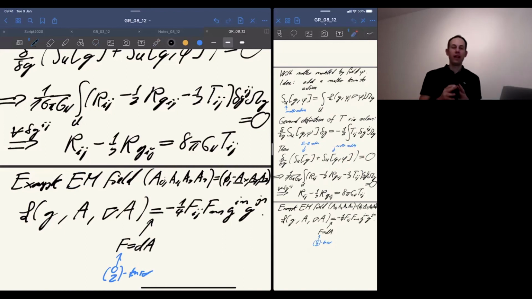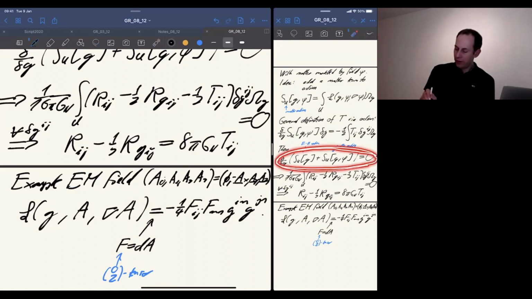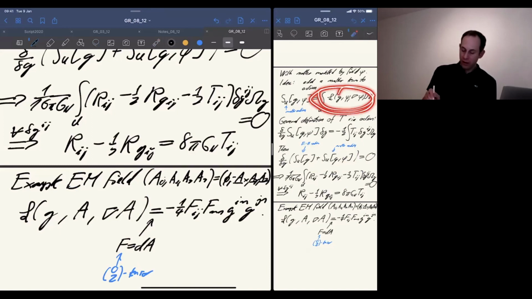I would just insert that in this equation. So in other words, if I have a situation where I only want to consider gravity and electromagnetism, then the relevant equation is this equation here, where S_EH is the Einstein-Hilbert action, and this second thing is exactly an expression of this formula, an integral over a Lagrangian, which is this Lagrangian here.